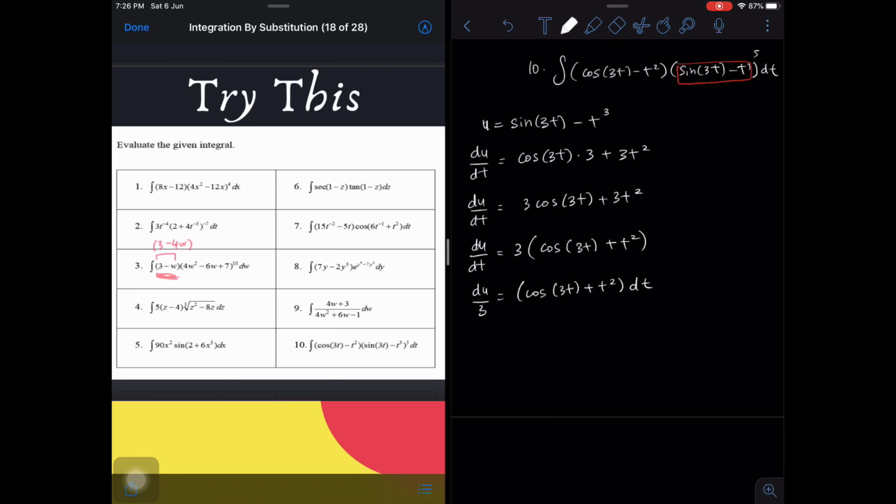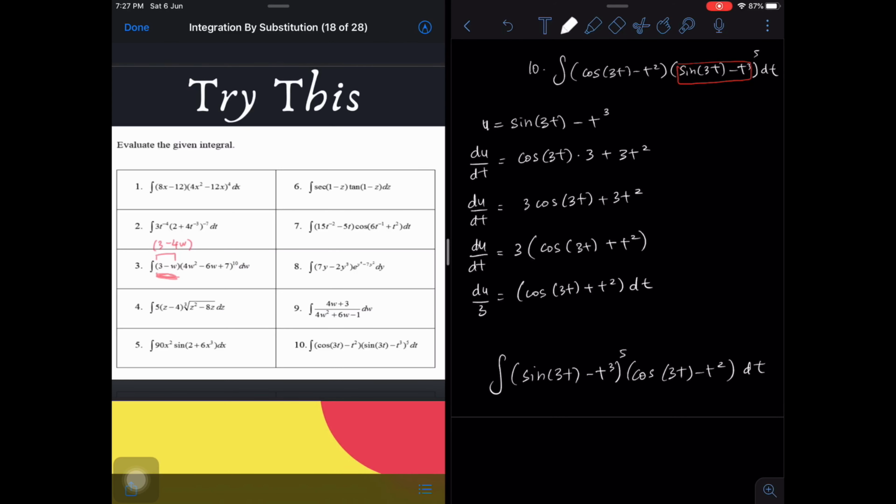Okay, so let's rearrange our integral here. You will have the integration of sine 3t minus t cubed to the power of 5 times cos 3t plus t squared dt.